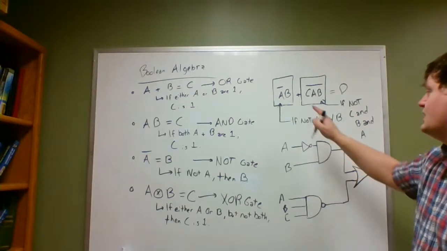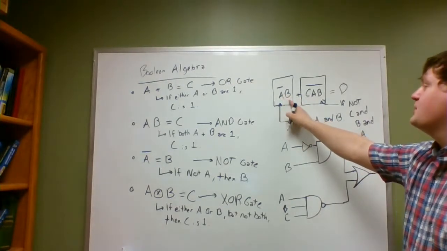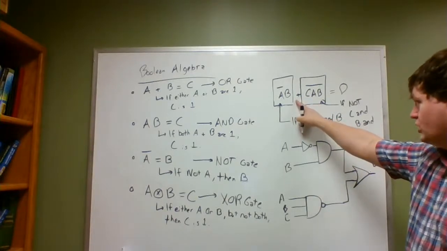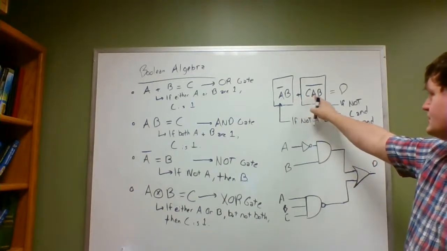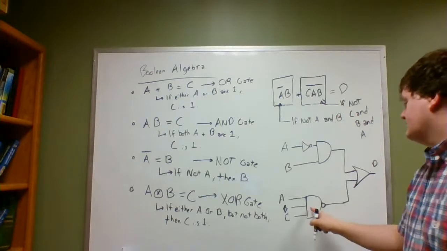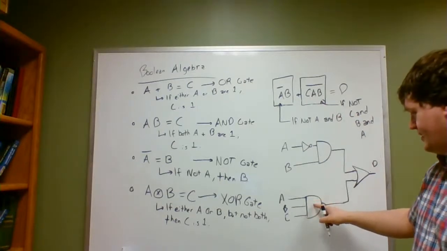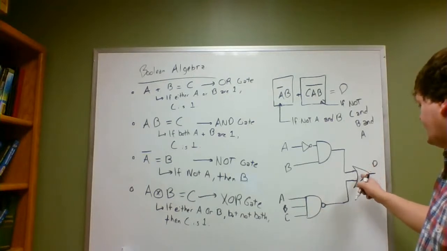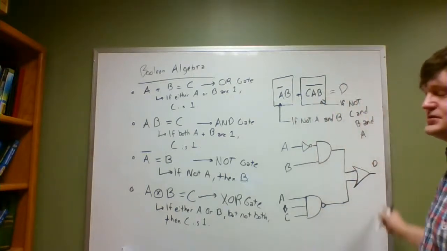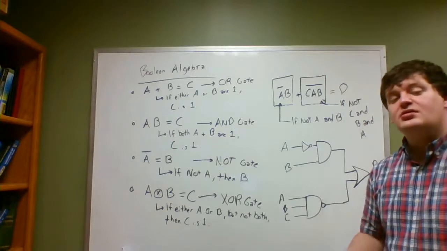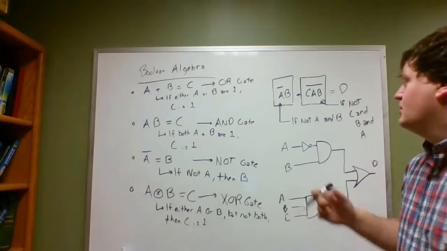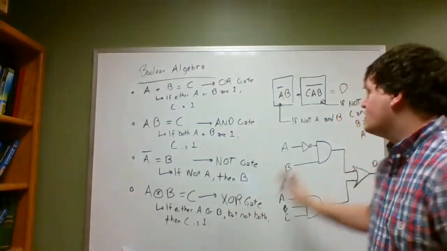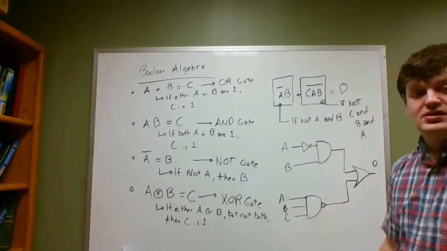Here, not A and B, or C and B and A not. And then they combine in an OR gate to form D. So it's a little bit more complex of a system, trying to now take Boolean algebra, which is this, and then writing it as this.